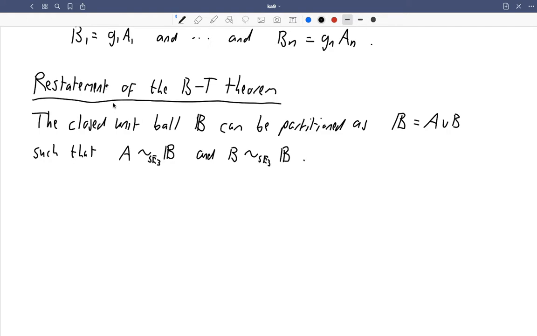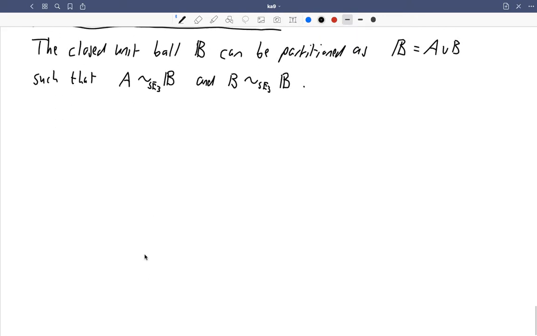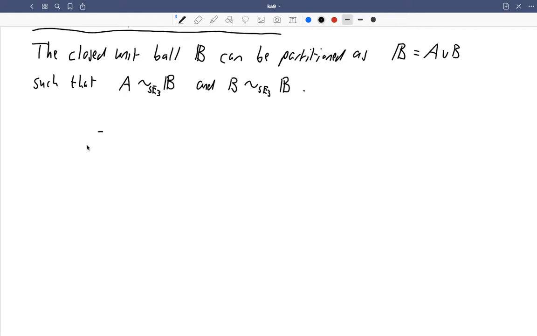And so for the moment, we're going to work with this restatement of the Banach-Tarski theorem. But in order to do that, we're going to want some tools for being able to reason about G-equidecomposability. So there are going to be some important results here.